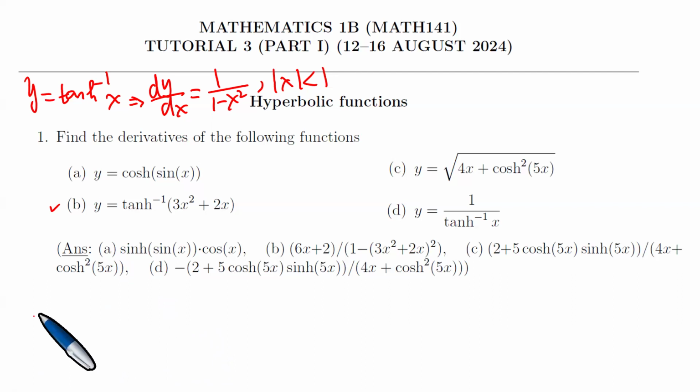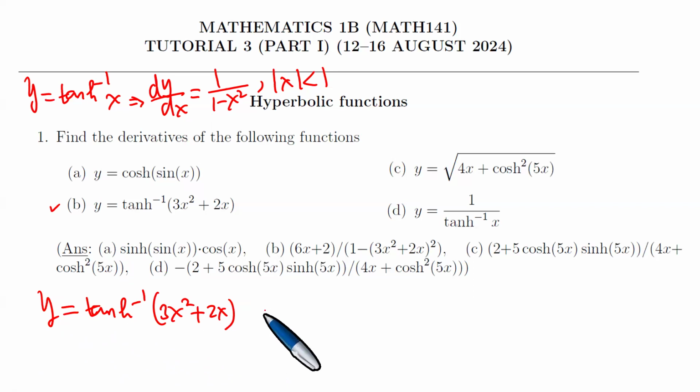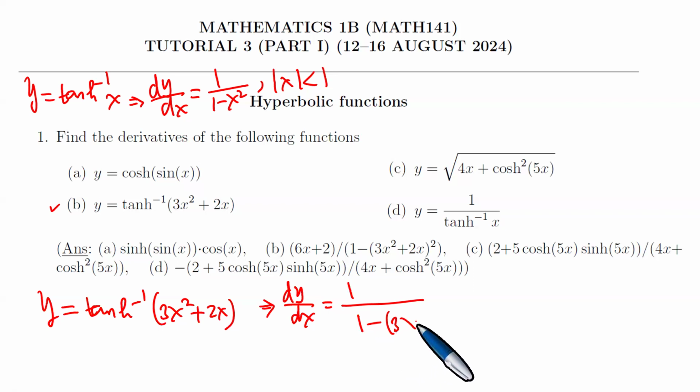So it means that in part B, we have been given y equals the hyperbolic tangent of 3x squared plus 2x. This means dy/dx is 1 divided by 1 minus 3x squared plus 2x, then you multiply by the derivative of the argument.